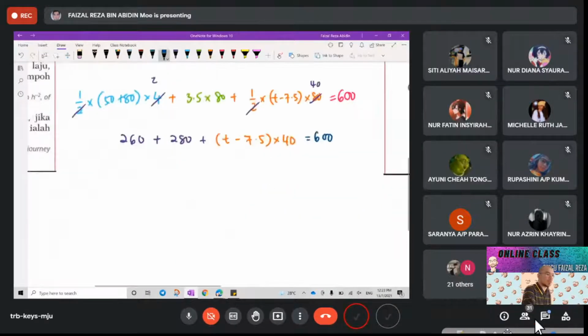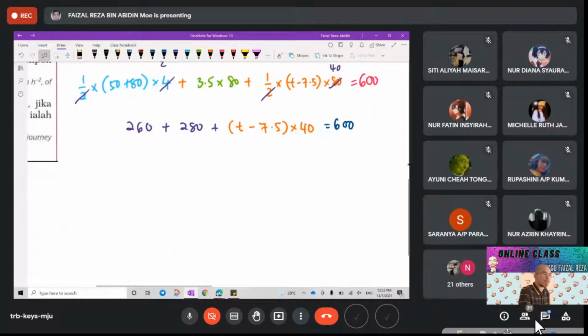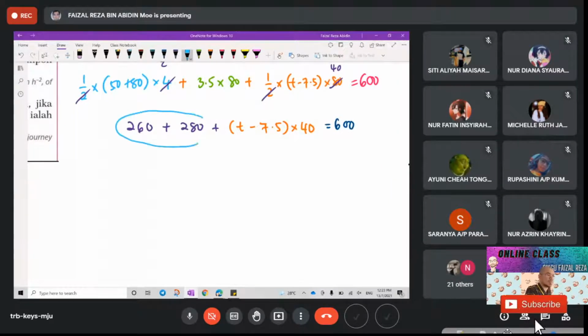So what we're going to do next is move these two first. Bring to the right, and then I'm going to divide by 40. Okay, that means I'm going to have over here t minus 7.5 is going to be 600.